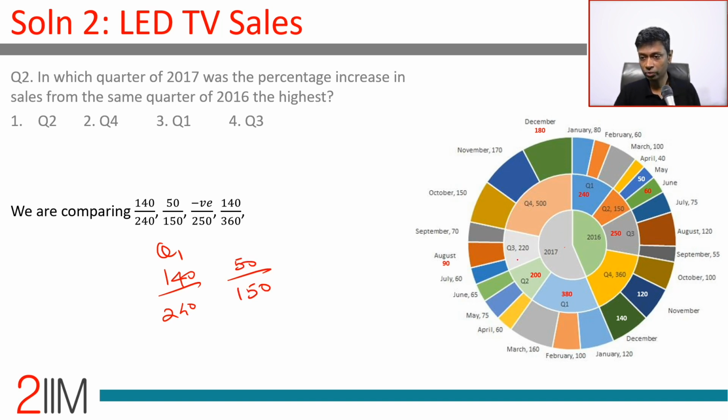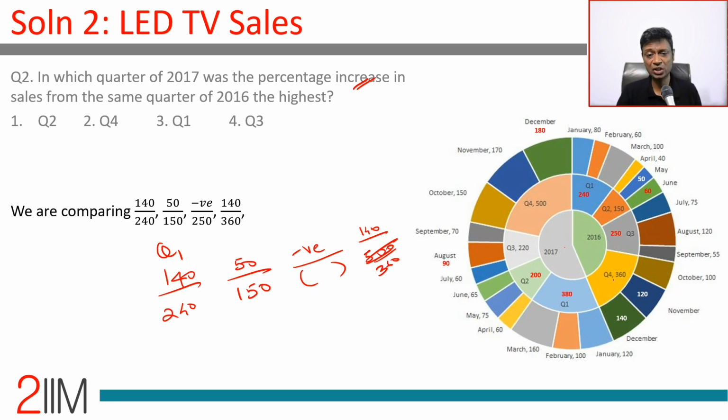Q3 to Q3, Q3 is 220 in 2017, it was 250 in 2016. So it's a negative. We're thinking about percentage increase, not percentage change. It's a negative number. We don't even have to worry about it. Q4 to Q4, so it's 360 to 500, a change of 140 divided by 360. Change by initial.